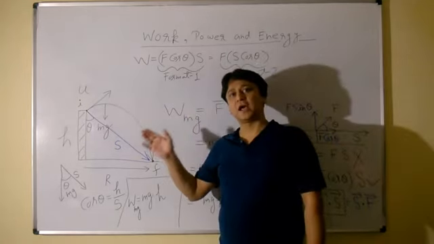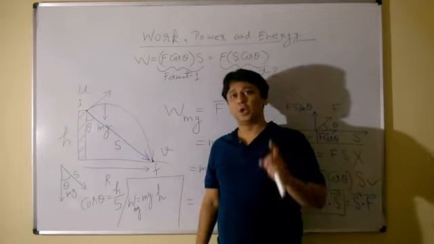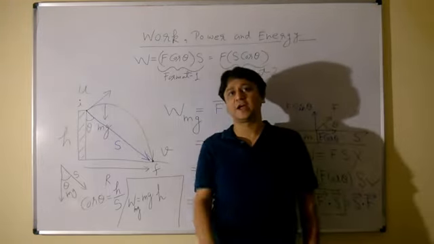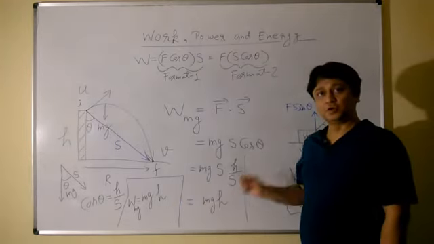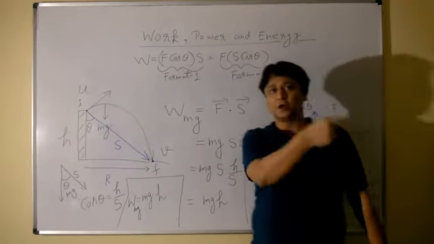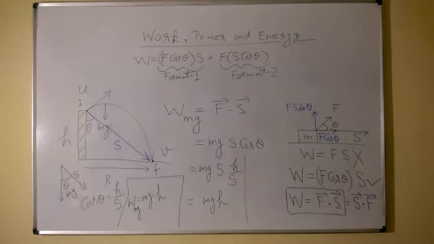In third method, I need work with the help of I cap and J cap technique. You will write force, you will write displacement in terms of I and J. You will take the dot, and once you get mgh using I cap and J cap and dot, write down yours in the comment box. Let's see how many of you can do it. Write down third method with the help of I cap and J cap. And let me see how many of you can answer this question.